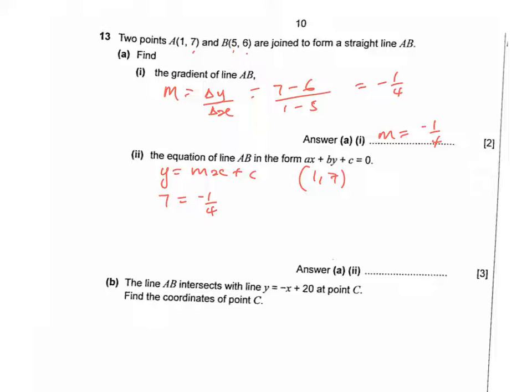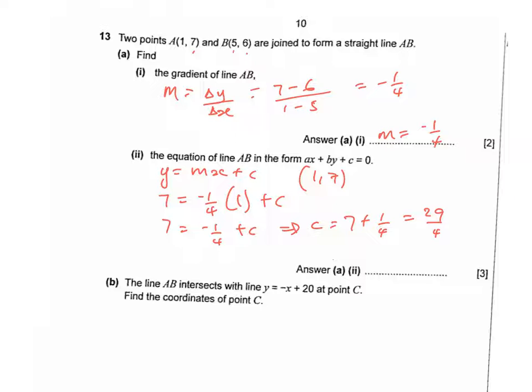So times 1, and then plus c. So 7 equals negative 1 over 4 plus c, which implies that c is 7 plus 1 over 4, which gives me 29 over 4.